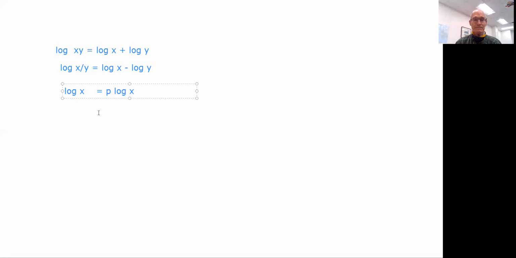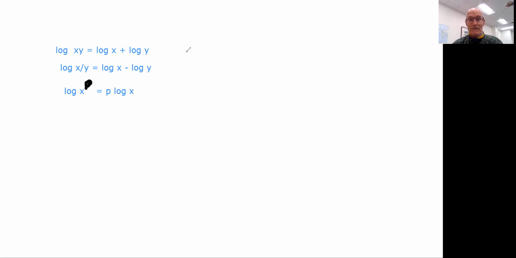So in this case, the p would be a power here on the x. So log base x to a power, all it's saying is you can take the power and bring it out front.